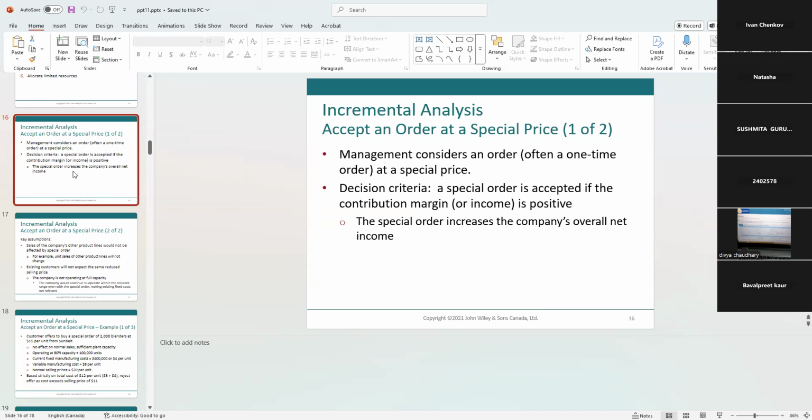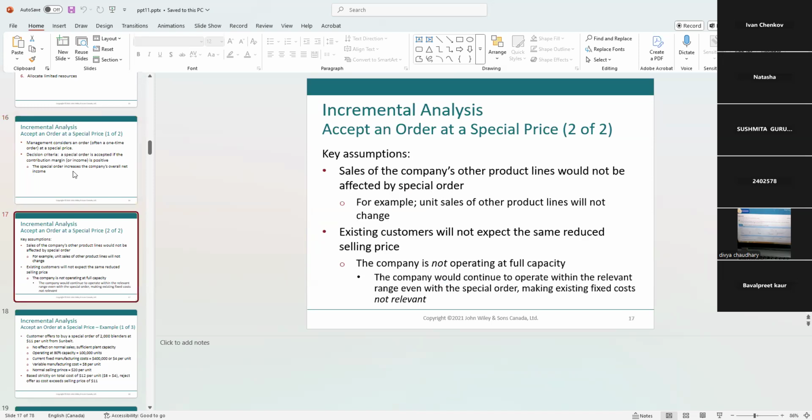If there's a contribution to the company wealth, go for it. If no, no go. The key assumptions here are that the company has the capacity first. Second, this is not going to affect the company's normal sales or business.